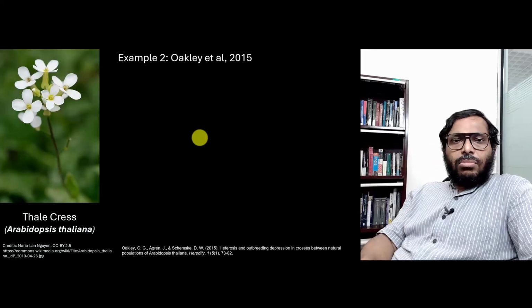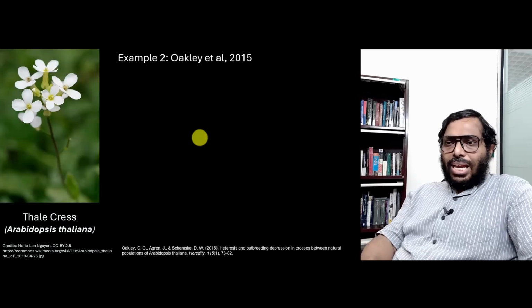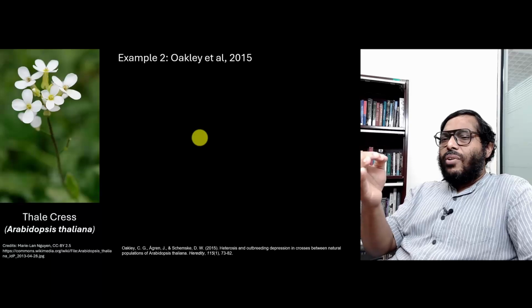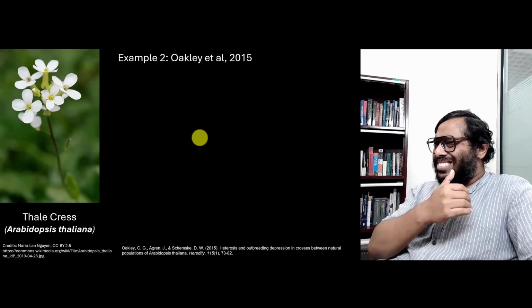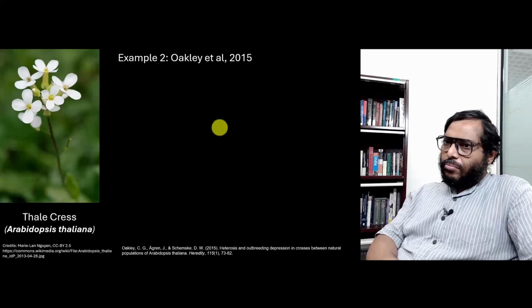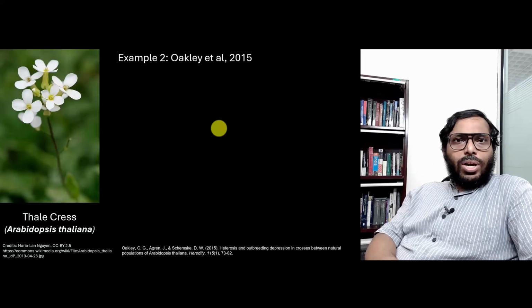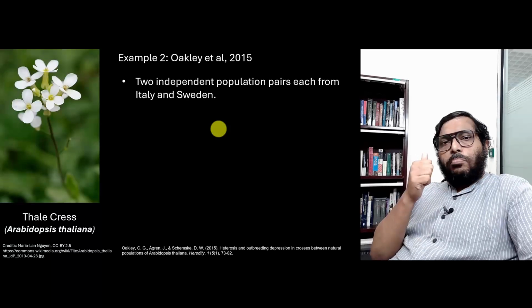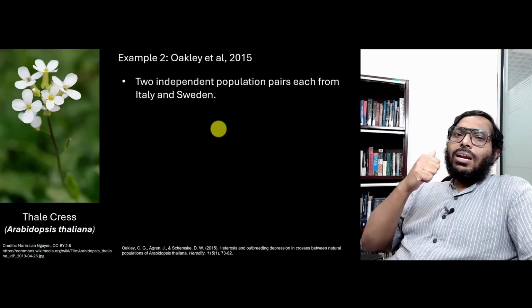This is Arabidopsis thaliana, also known as thale cress. Most of you have probably heard this name. It is a very well known model system extensively used by molecular biologists and botanists. What Oakley et al. did was they took two independent population pairs each from Italy and Sweden.